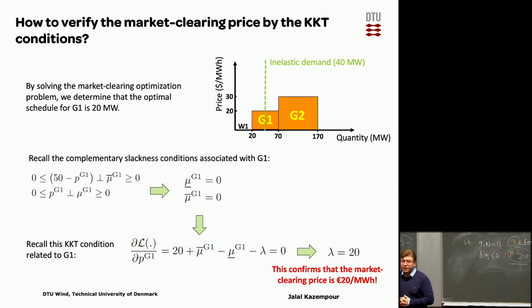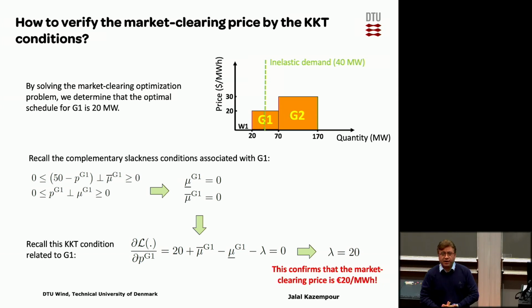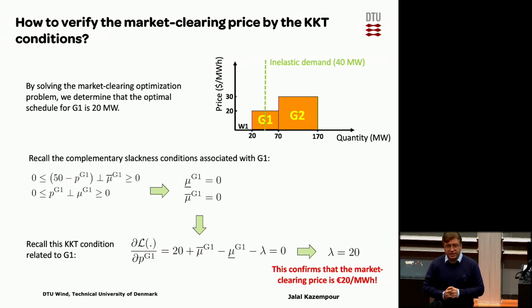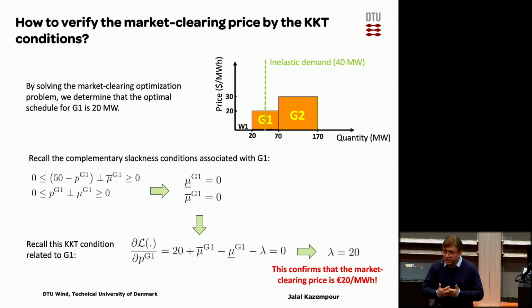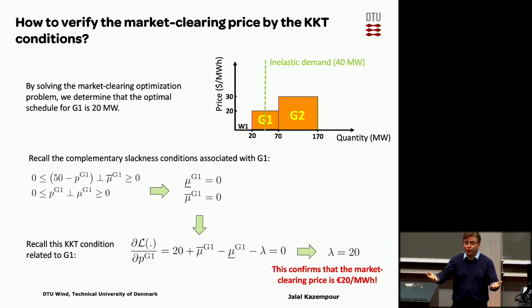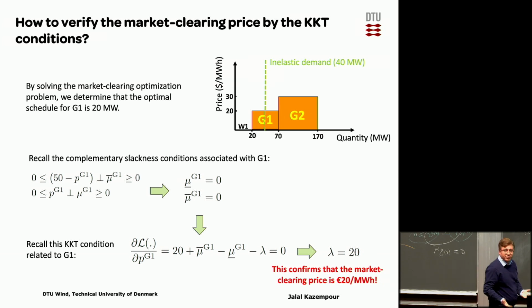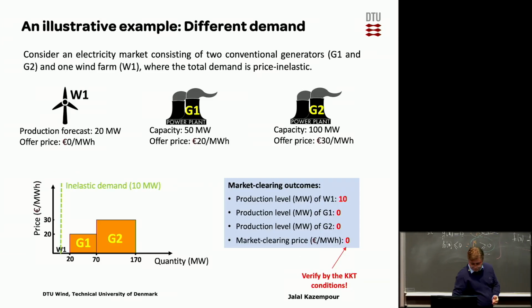It simply means lambda equal to 20. So you verified analytically by your KKTs that price is indeed 20. Then you can trust your code. Yes, price is indeed 20. Good.